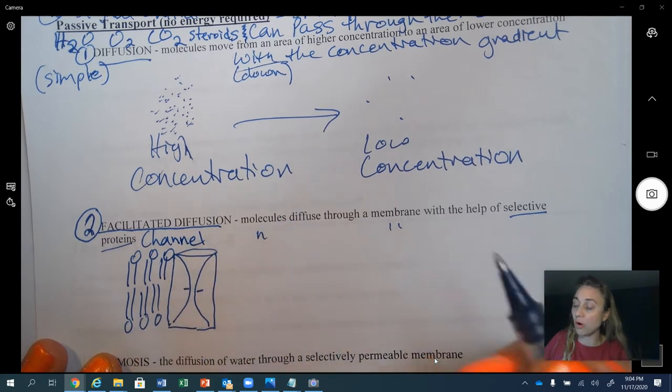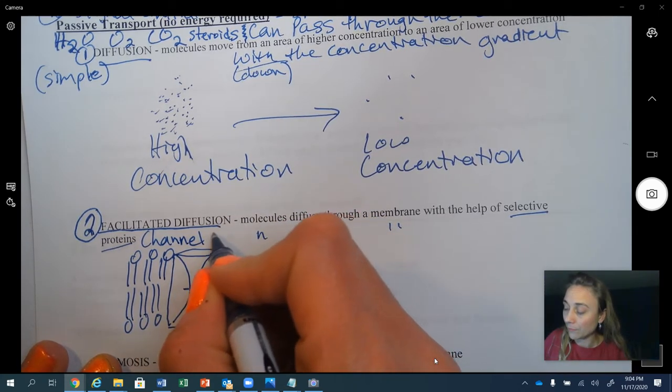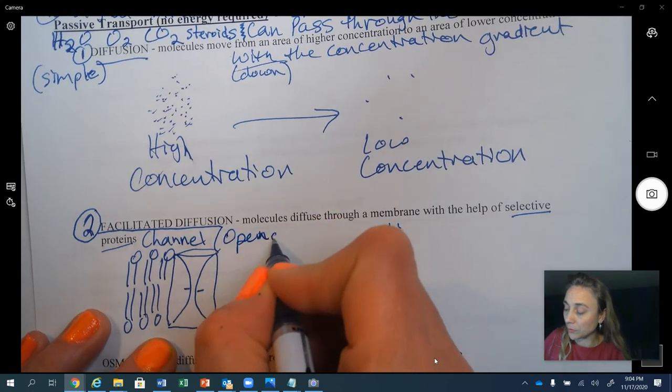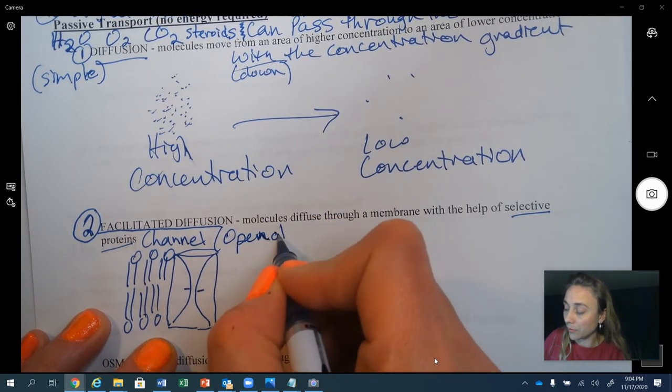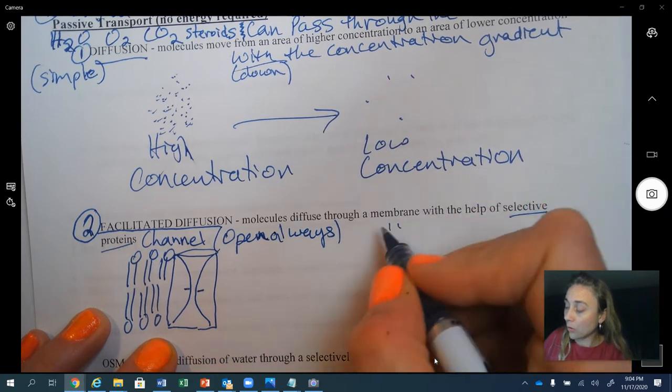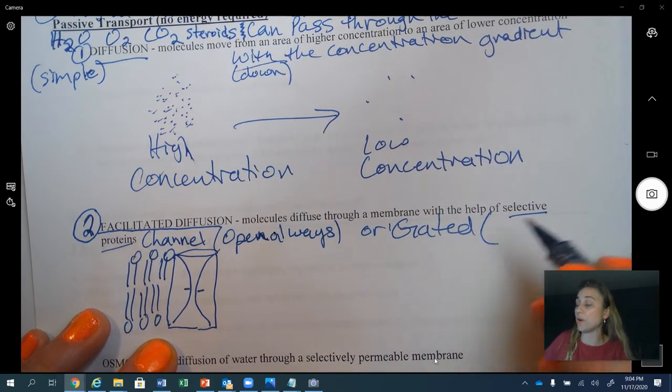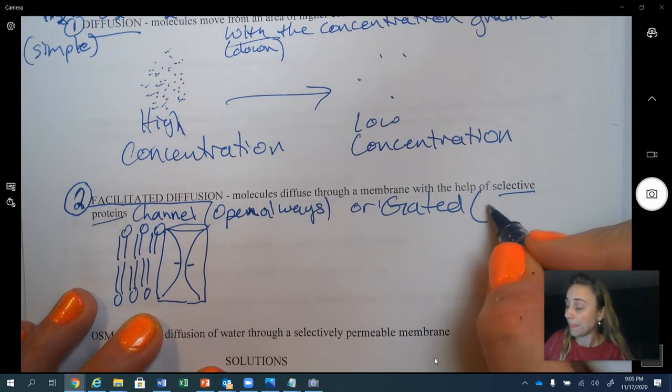A channel could be open all the time, or gated, which means it could be opened or closed by another factor.